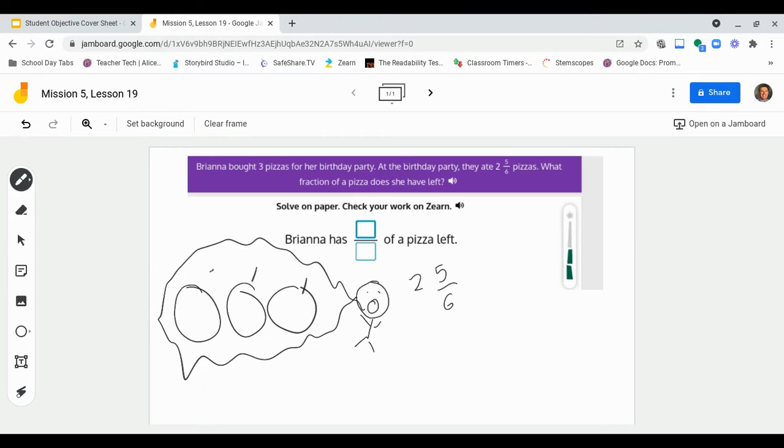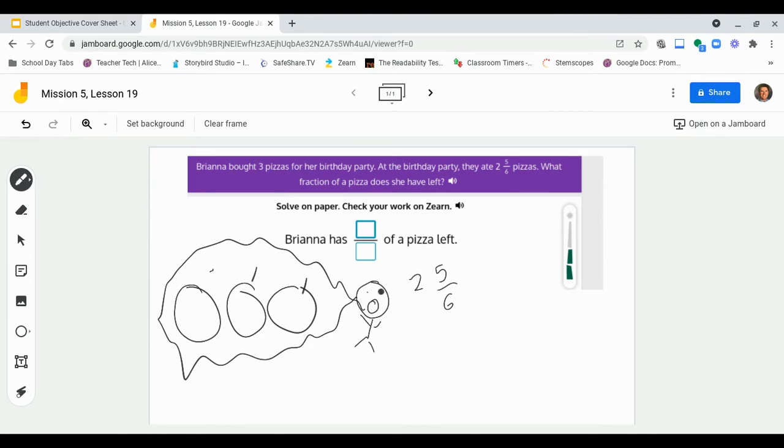Okay, when you hear that, I started with 3, and I took away 2 5/6, what am I going to have to do to solve this equation? Am I going to have to add or subtract? Because I know today's objective is adding or subtracting. Well, if I start with 3 and I ate 2 5/6, or take away 2 5/6, that tells me that that is subtraction because I have a total and then I take away from it.